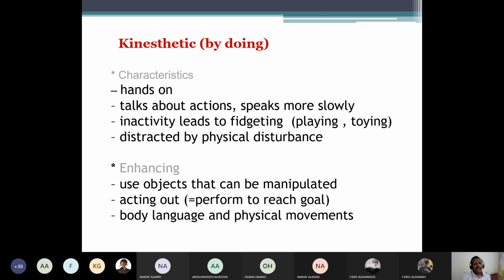They are not fluent in speaking. Whenever they are inactive, their hands may be going on something, doing or making pearls or making examinations. I'm giving examples related to medicine. They are distracted by physical disturbances. If you ask them not to move their hands, they will get disturbed.